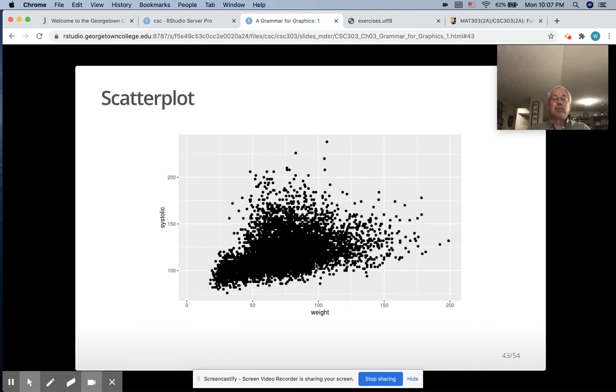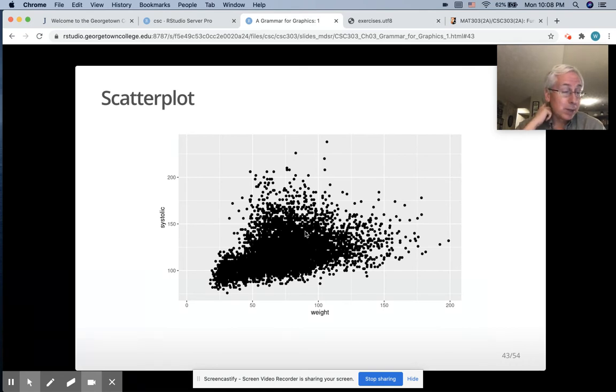It's kind of a big blob, but we do see an upward trend, that heavier people tend to have higher systolic blood pressure. But there's a lot of uncertainty around that. There's a big cloudiness to this. So while there does seem to be a positive association, it's fairly weak in terms of being a linear association.